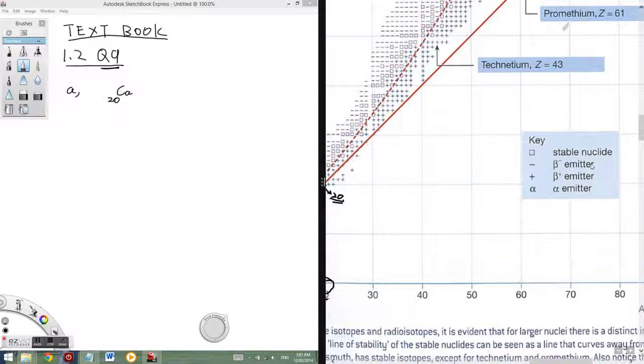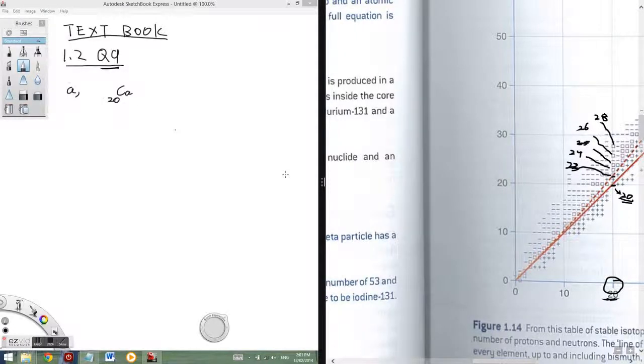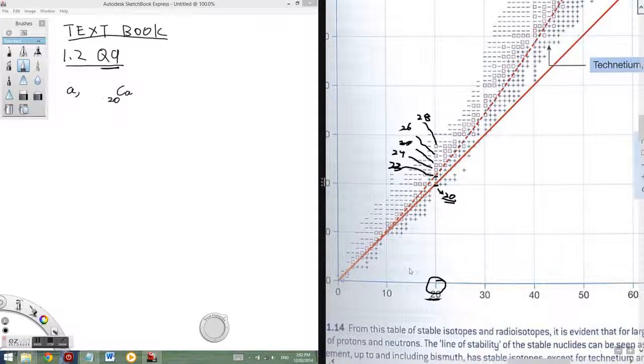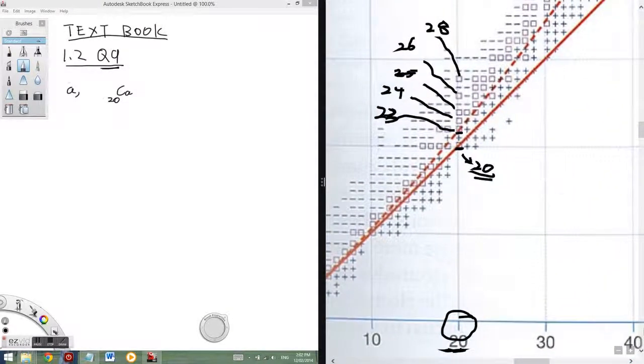Otherwise, minus means beta. They're not stable; they emit some sort of radiation. However, we're only interested in calcium, atomic number 20. Let's have a look. Atomic number 20 here.